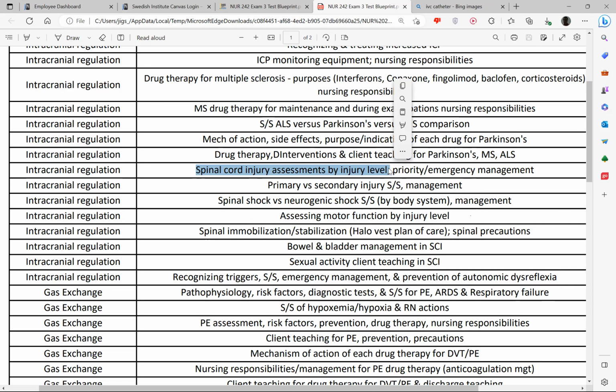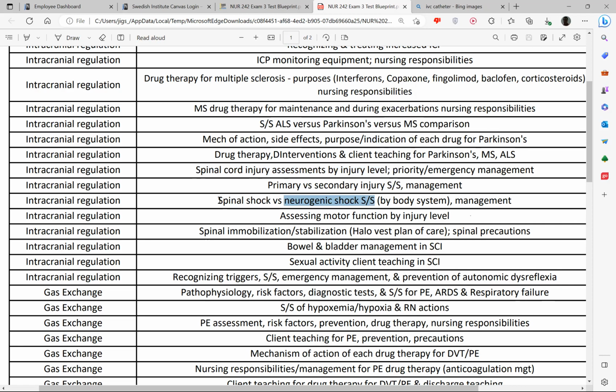It could last 2 days, or several weeks, or even months. That's what I wanted to make sure you understand about spinal shock. It is not the same. Neurogenic shock is the true medical emergency. Spinal shock is not an emergency.